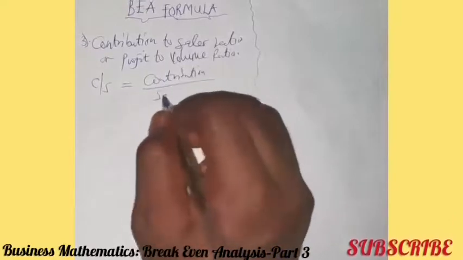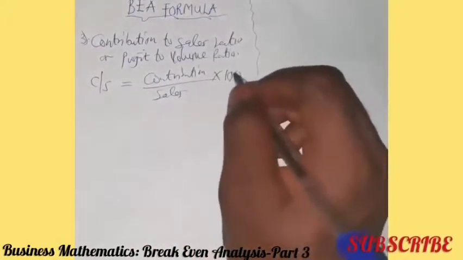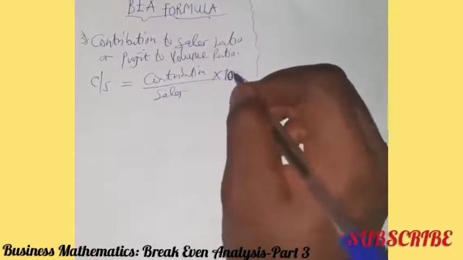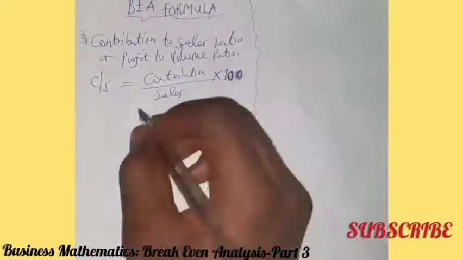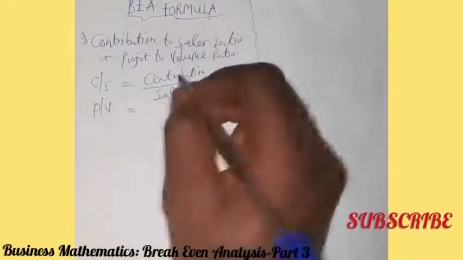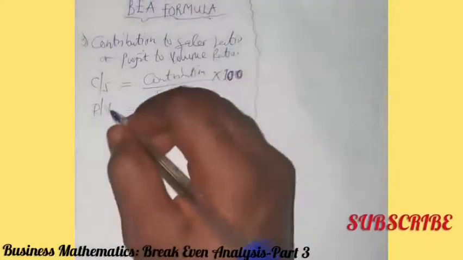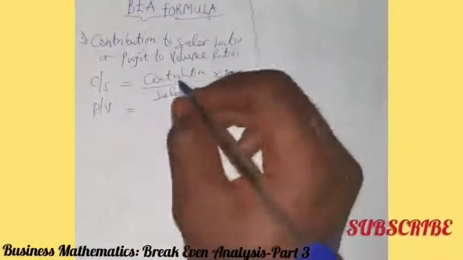over your sales and then multiply by what? 100. Always find them in percentage, so multiply by what? 100. Or it's the same thing as your PV, which is profit to volume. Profit in marginal costing, contribution is the profit, then the volume is what? The sales, right?